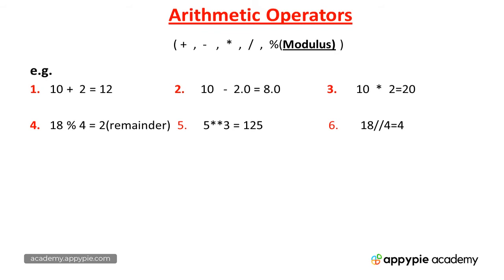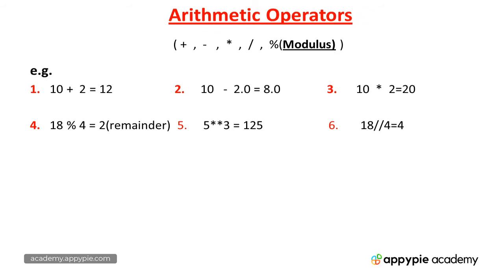Then at number 4, 18 modulus 4. This percentage symbol is called modulus or modulo. This operator, as I have told you, gives the remainder. So when we divide 18 by 4, we get 2 as the remainder. We are not talking about the quotient, we are talking about the remainder after the division.